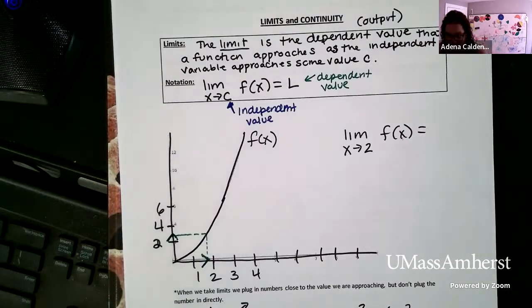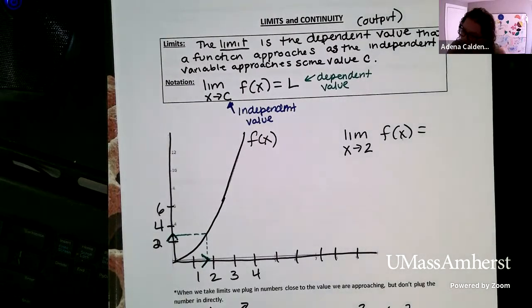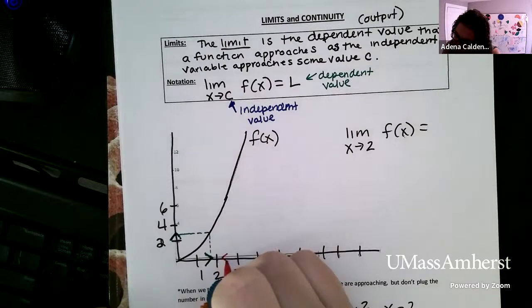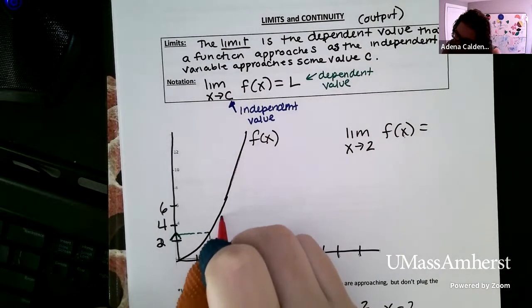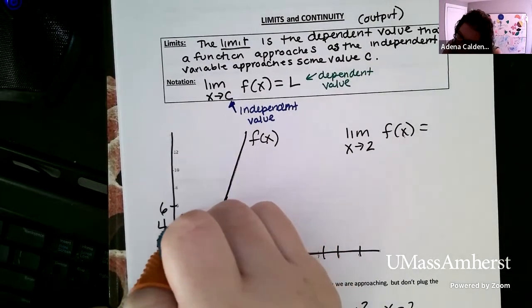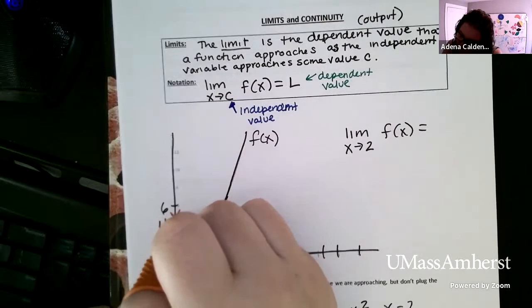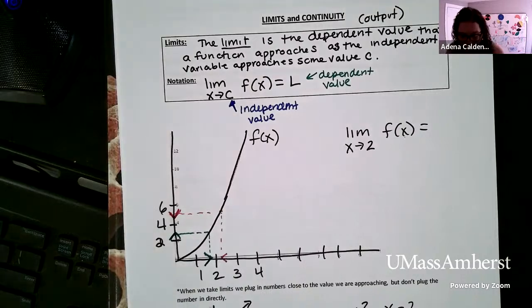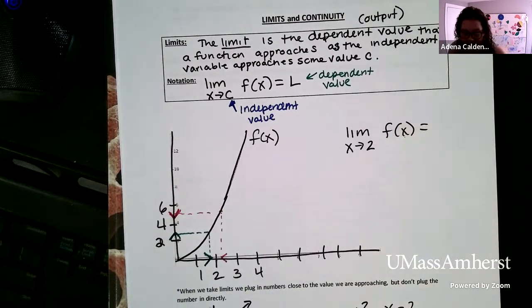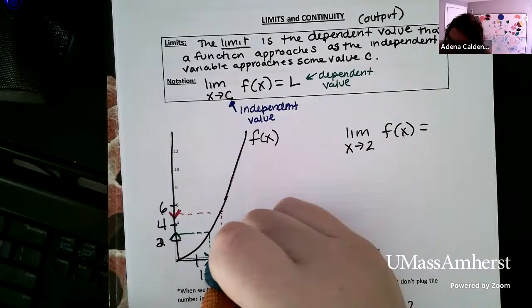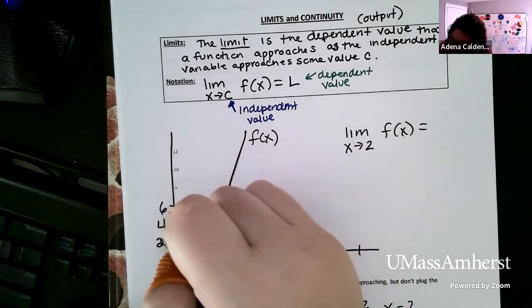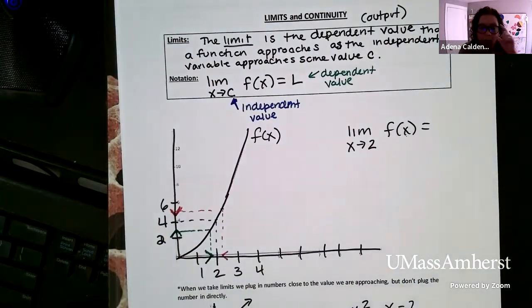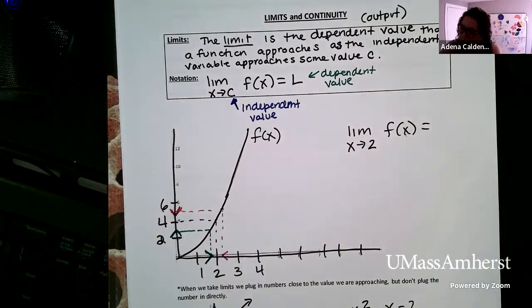If we are getting close to 2 from the right-hand side, we can see that we are moving down the y-axis this way. So as we get closer and closer to 2, the y value is getting closer and closer to 4.